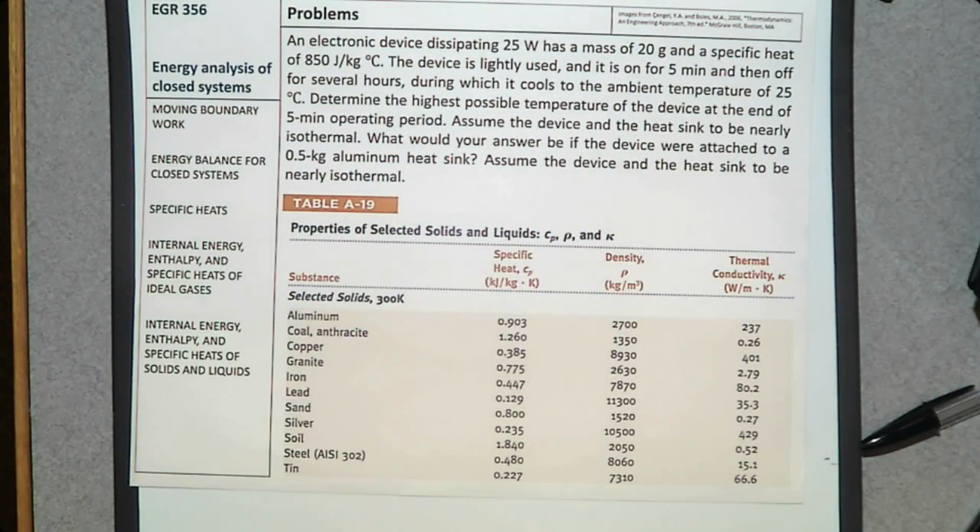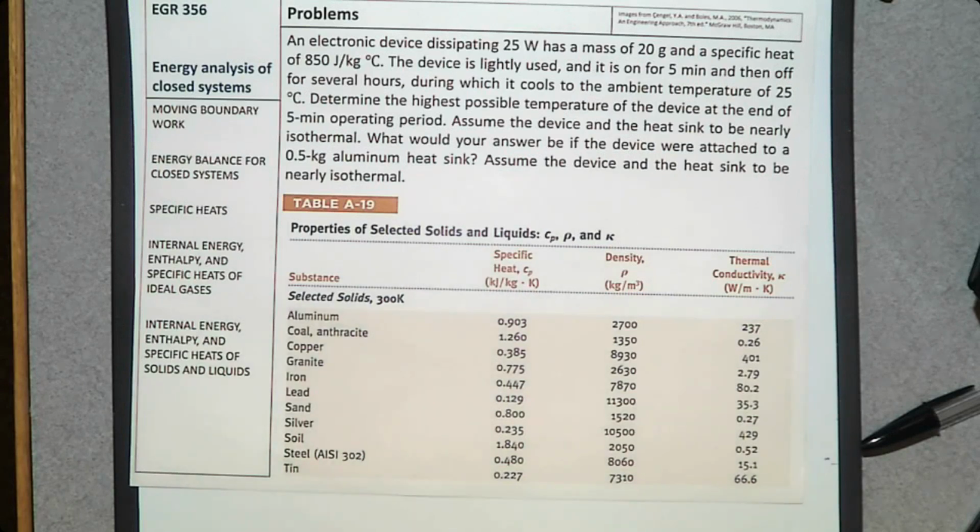The device is lightly used and it is on for 5 minutes and then turned off for several hours. So the initial temperature of our system, which is the device, is going to be 25 degrees Celsius. And we want to determine what is the final temperature after using it for 5 minutes. Okay?